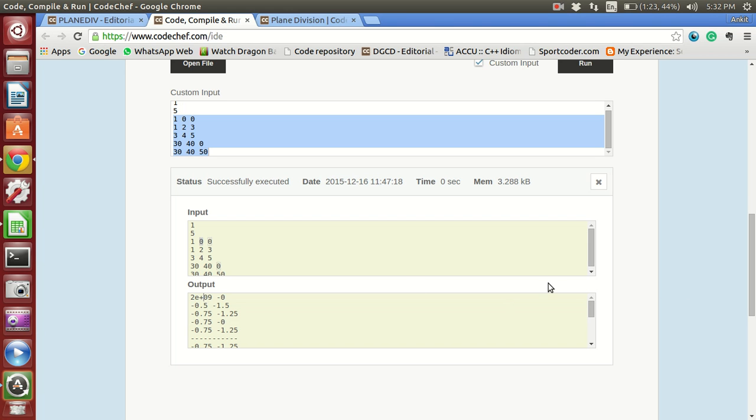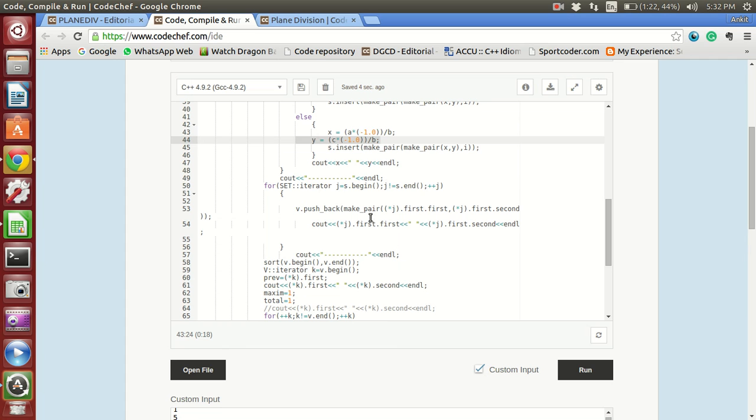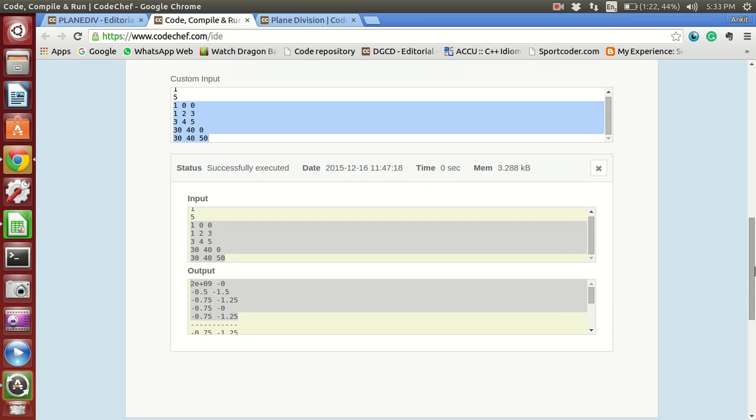We have set infinity to this value, and y would be minus 0. Then similarly all these values are calculated up to 5. Then these values are inserted into the map, right? These values are inserted. Now let's check the values in the map.